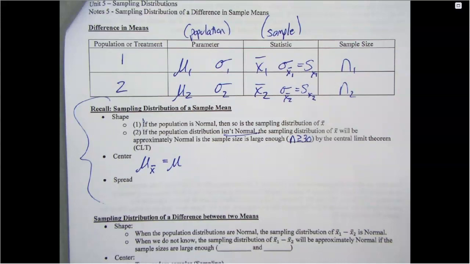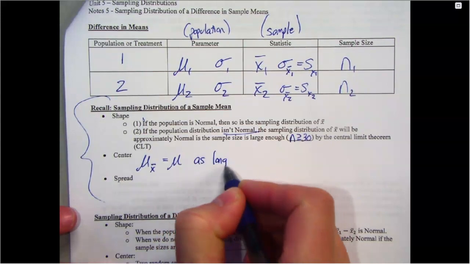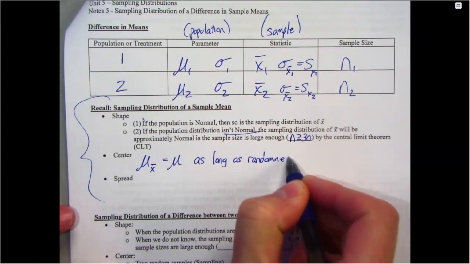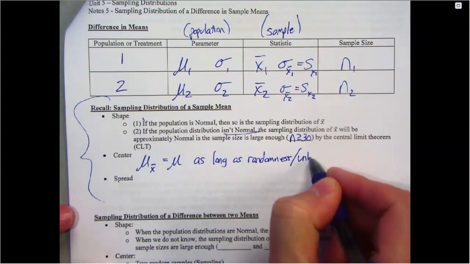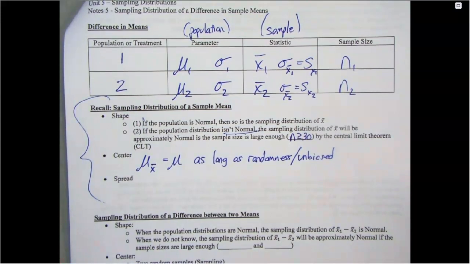As long as there's randomness, so it's unbiased. You know, if we're looking at like SAT score and we sample, not randomly sample, when we sample only AP students, that's not unbiased, and our mean wouldn't be the same as like the whole school's mean.